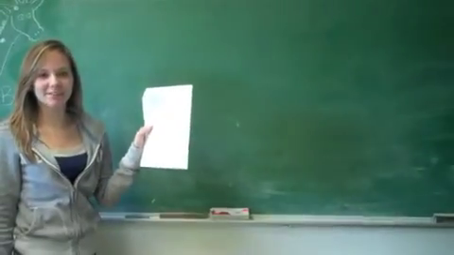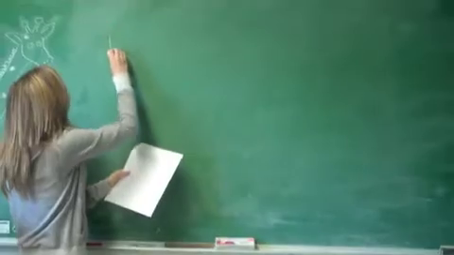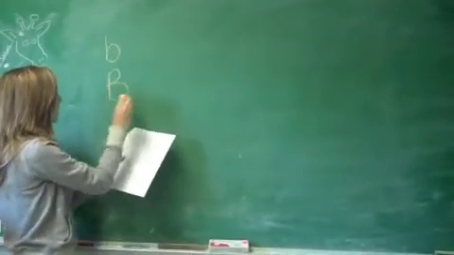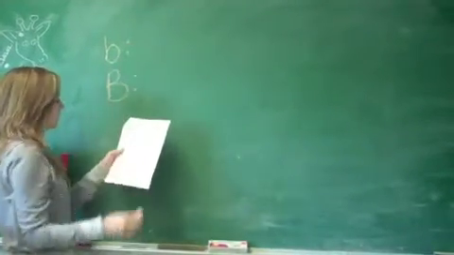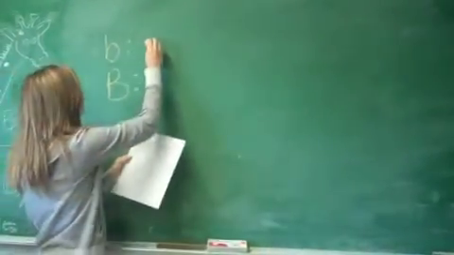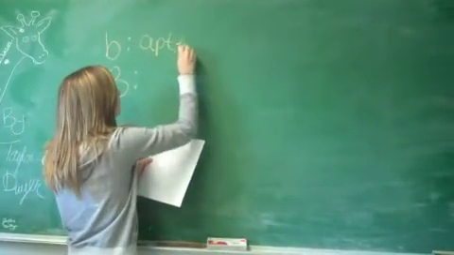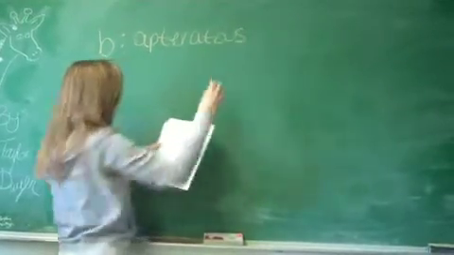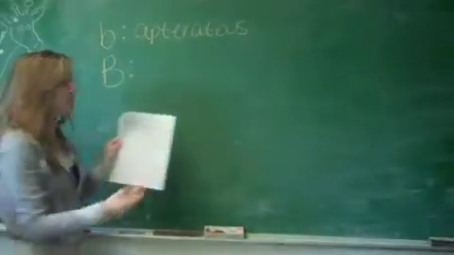This is how you determine a phenotypic and genotypic ratio. First, you determine which will be dominant and which one will be recessive. Apterous will be recessive. Wild type will be dominant.